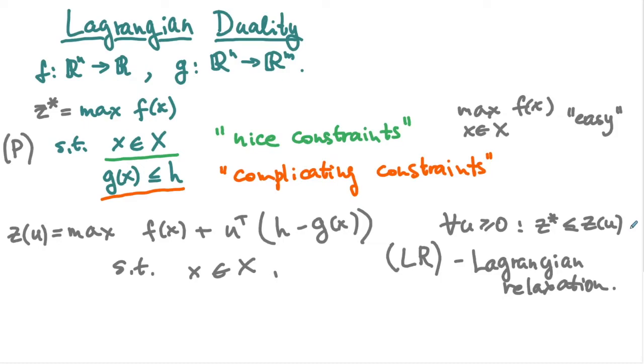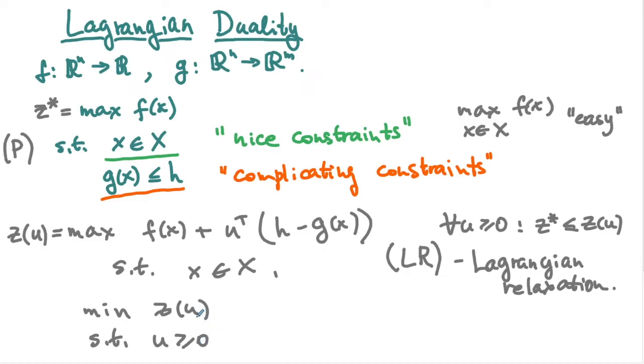So now, normally we want to obtain as tight of a bound as possible, so therefore we will want to minimize this z of u here, alright? We consider the following problem: minimize z of u subject to u is greater than or equal to 0.